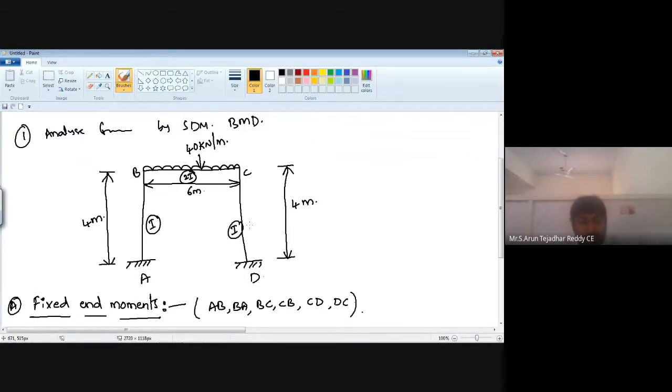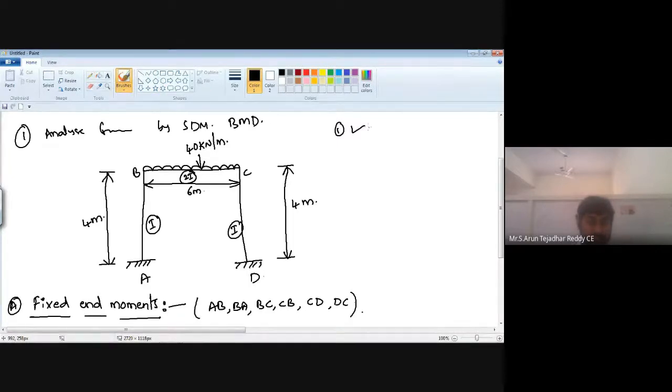It means first of all you need to compare only column loads, because here we have only a single beam, B to C, so no problem. But we have 2 columns, AB one column, CD one column. In AB and CD we don't have any load. So the first condition is satisfied, no problem.